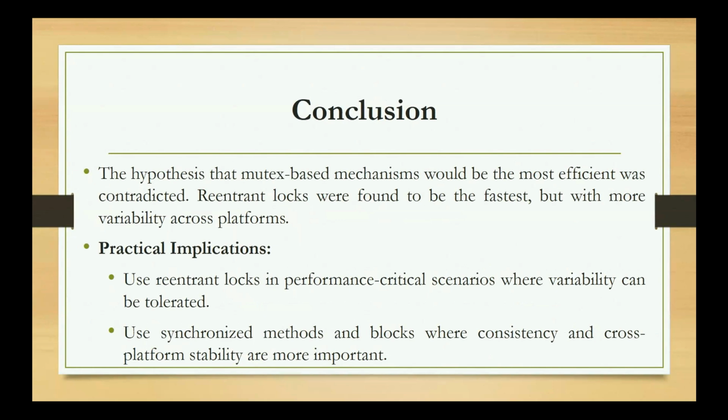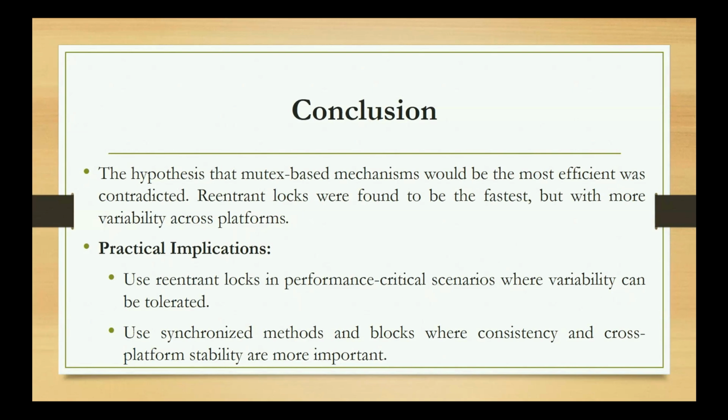Also, just like I mentioned before, the hypothesis that mutex-based mechanisms would be most efficient was contradicted. Reentrant lock was found to be the fastest, although it has variability issues.